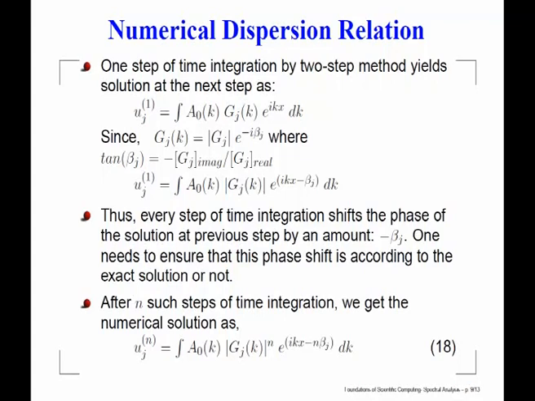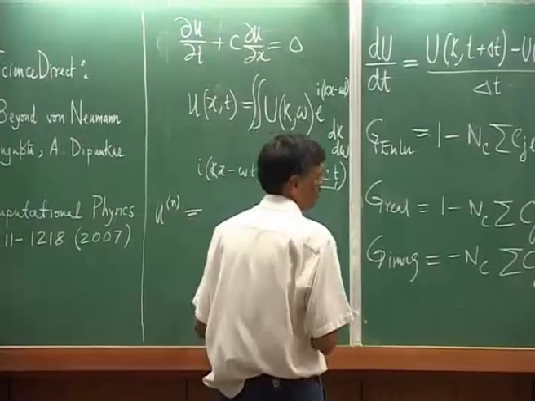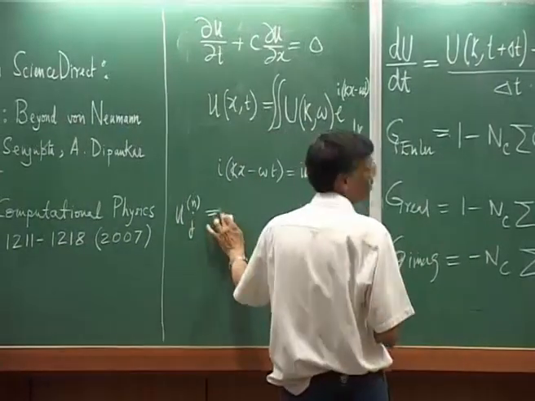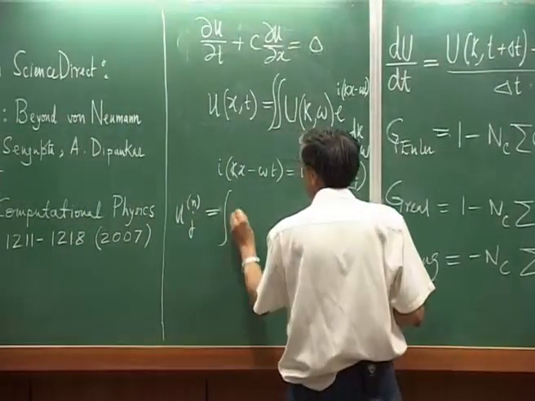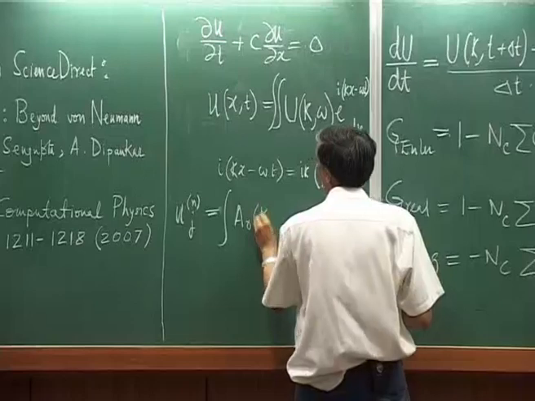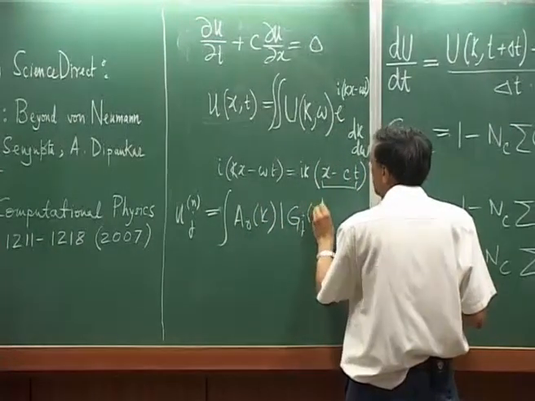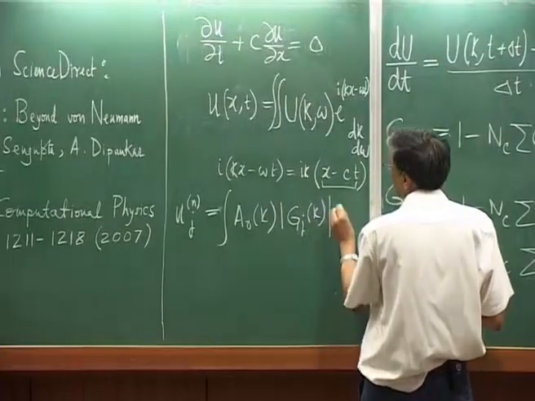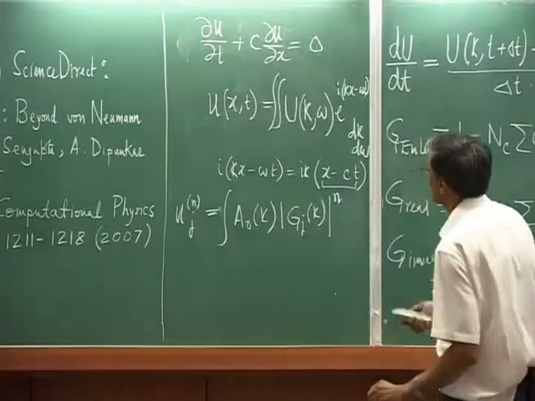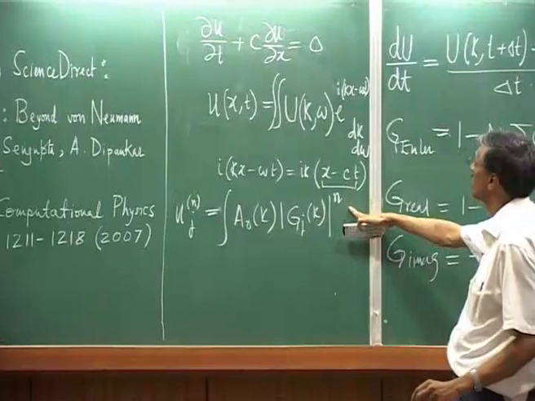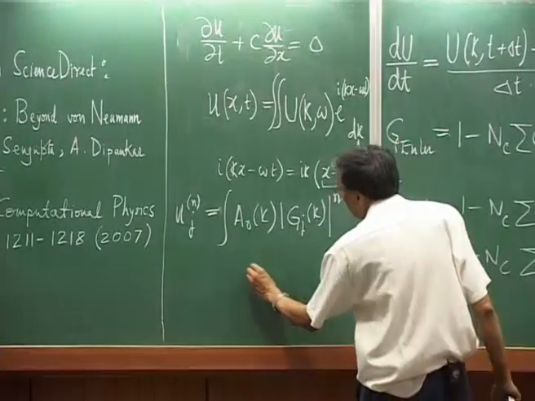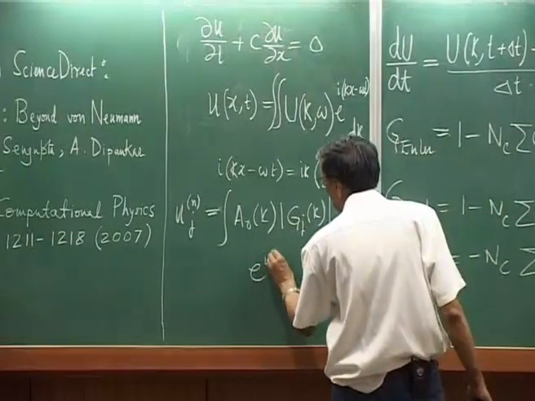Please do not quote me later that your note was wrong and that is why we have done it wrong. So, what I am saying is that you will have g j of k, this has been operated n times. So, this is an exponent, right, this is not a superscript, and then I have the phase.